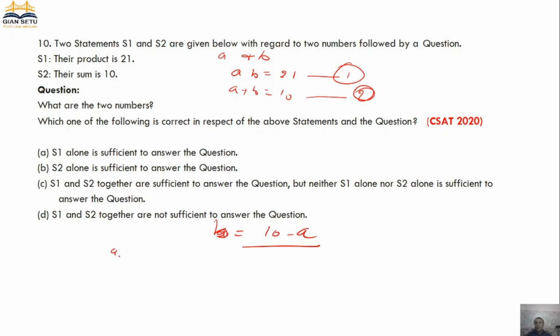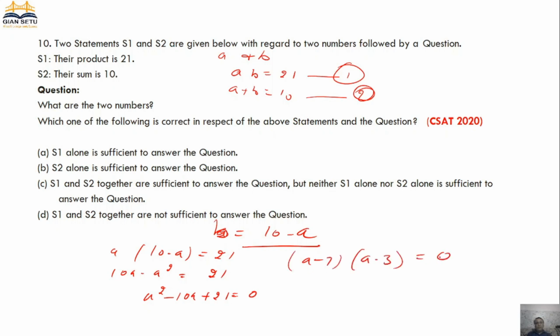It will be A into 10 minus A is 21. Now it will be 10A minus A square equals 21. We can also write it as A square minus 10A plus 21 is equal to 0. We can also write it like (A minus 7)(A minus 3) is equal to 0. Now A is equal to 3 or A is equal to 7.